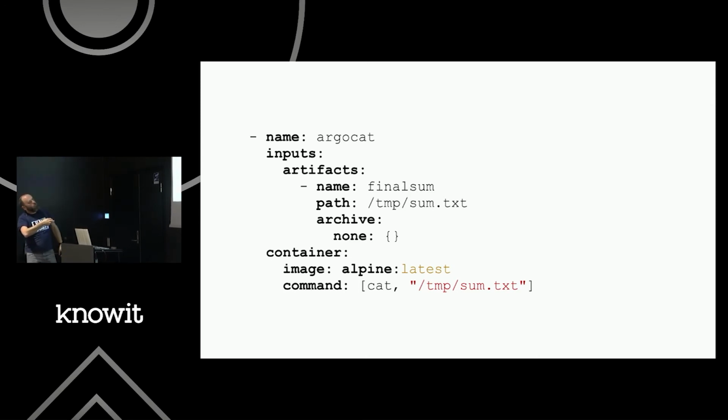So that's slightly different and has slightly different semantics. I'm not entirely sure that they should have added that. I think it might have been easier if they had one way to do things. So this one just references the latest version of Alpine, and it just runs cat on that particular file.